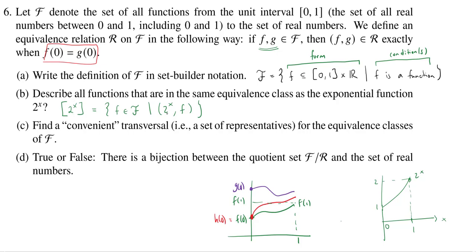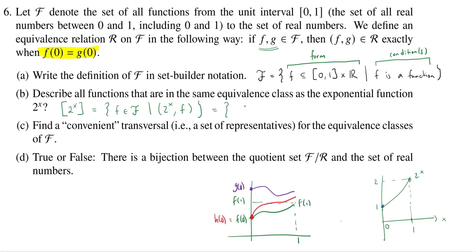Now, what does it mean that they're related? Well, we go back to our definition. Our definition said that two functions were going to be related when they have the same starting value. Okay, so we're basically looking for functions that are going to start at 1, right? When their first output is 1.